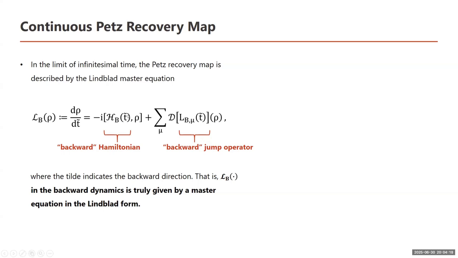The tilde t indicates the backward direction, which can also be thought of as tau minus t. I want to mention that both the Hamiltonian and jump operators are time dependent, and they are defined in terms of the original forward dynamics.